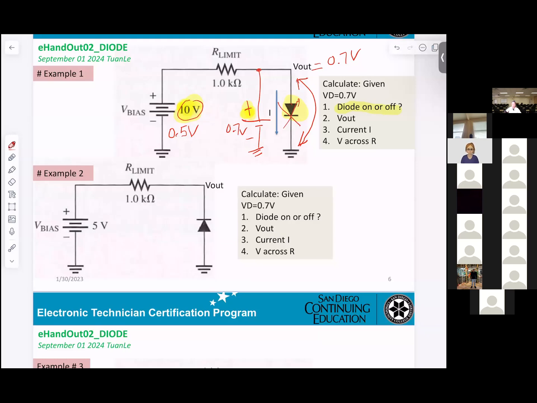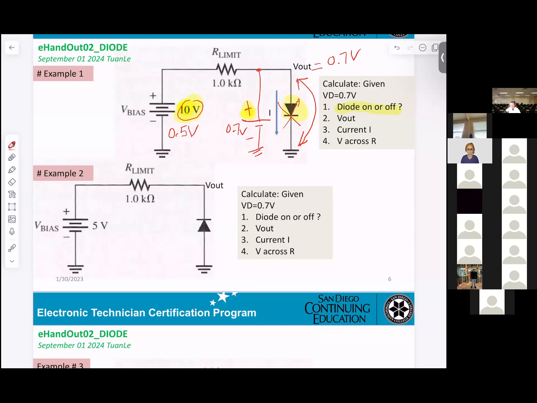It's not on. It cannot be on. The thing is 0.5 is less than 0.7. The diode will be open.